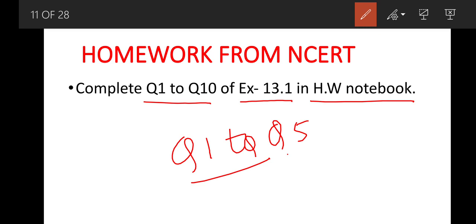So, in this lecture, what we have learnt? We have learnt about direct proportion. Basically, two quantities are said to vary directly if the increase or decrease in one quantity causes the increase or decrease in the other quantity. Like, the cost of articles varies directly with the number of articles.